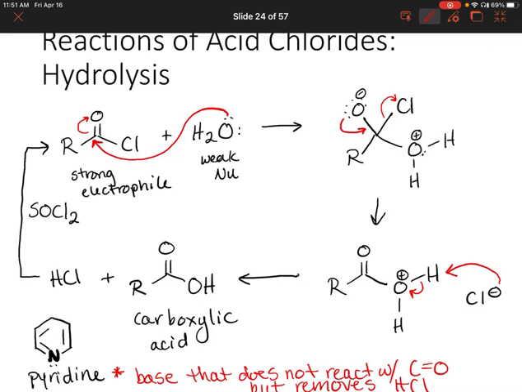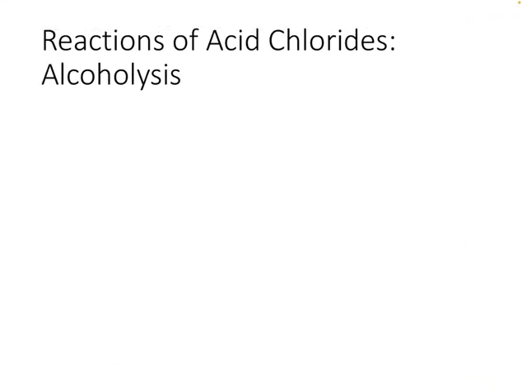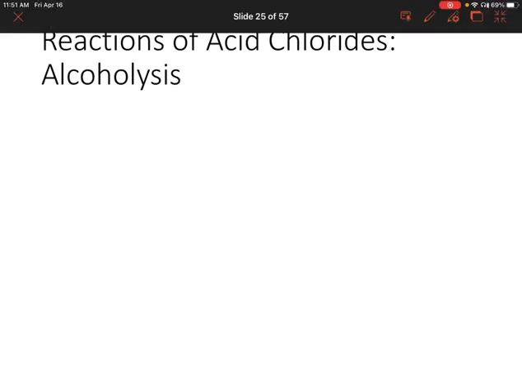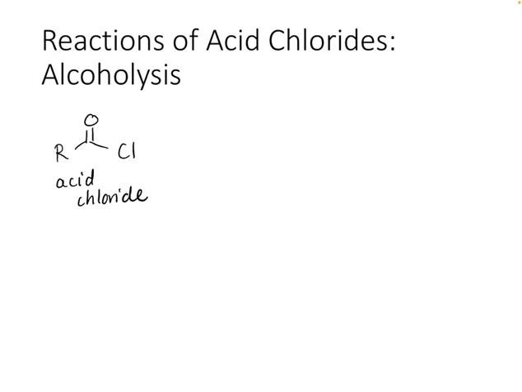Okay, let's look at another reaction that we could perform with an acid chloride. This reaction is called alcoholysis. So in this reaction, we're starting again with our acid chloride. And you might have already guessed, we're going to add alcohol.